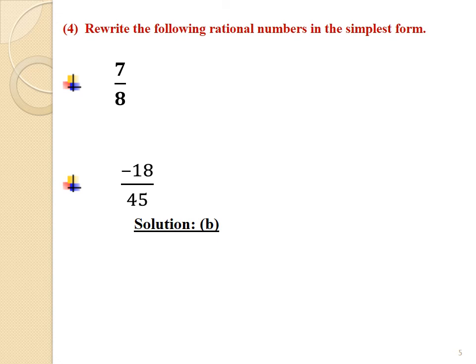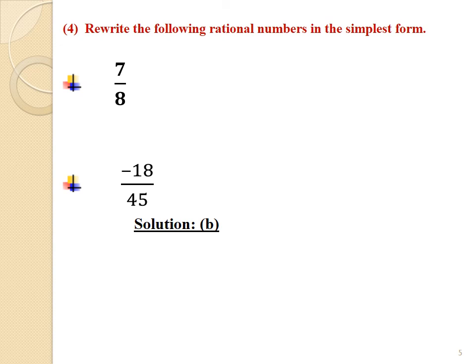Students, we also know that if a rational number is not in the standard form, then it can be reduced to standard form by finding out the SCF of numerator and denominator.